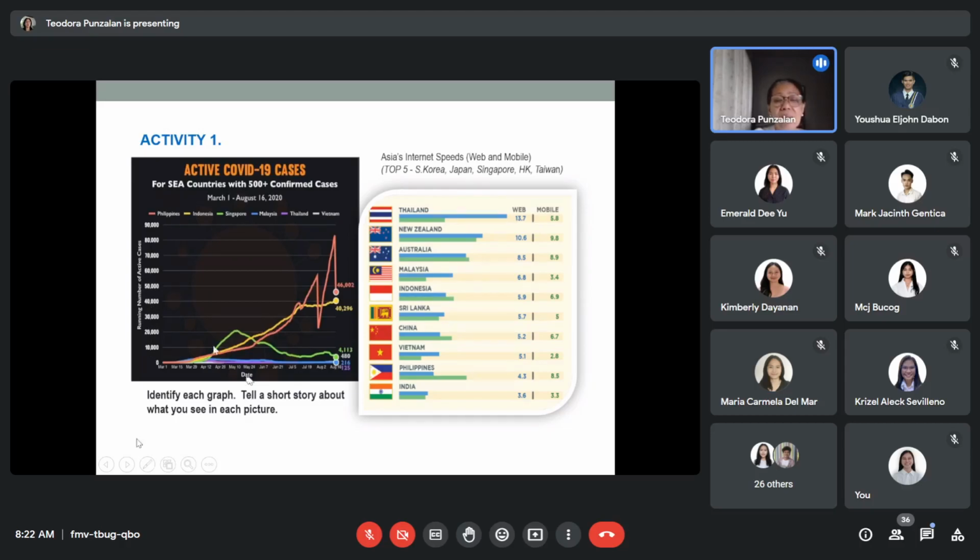And the line chart is composed of 6 different colors. There are 5 different line charts here because they represent the Southeast Asian countries. Okay? So, look at this.